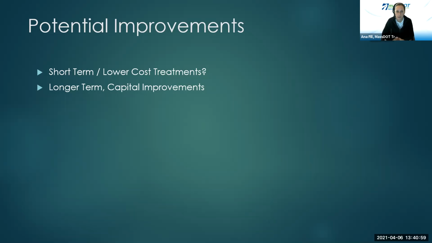I think we mentioned these as issues, but I just wanted to put it as part of the improvements: looking at the ADA accommodations for the ramps and the crosswalks, and also evaluating the location of the crosswalks and seeing if there's opportunity to shorten the crossing distance, so it's more perpendicular to the road.